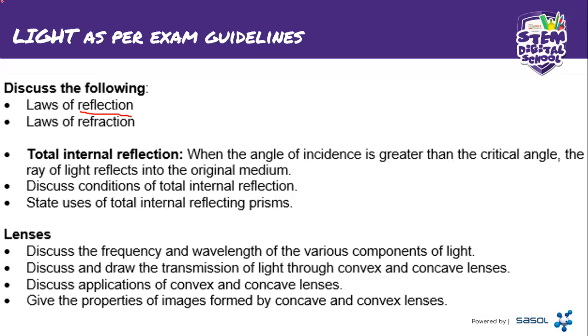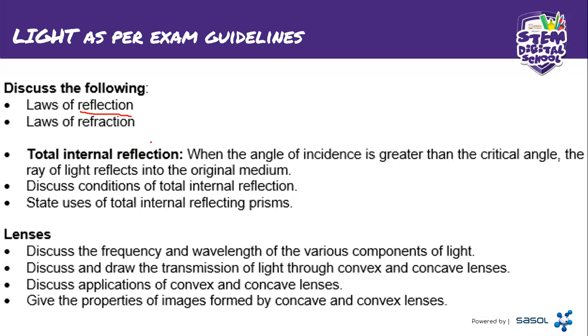Then we move on. We are required to discuss total internal reflection, and we are required to also define total internal reflection. Now, when we talk about total internal reflection, what are we talking about?